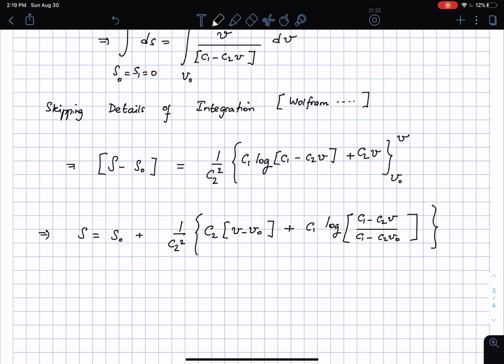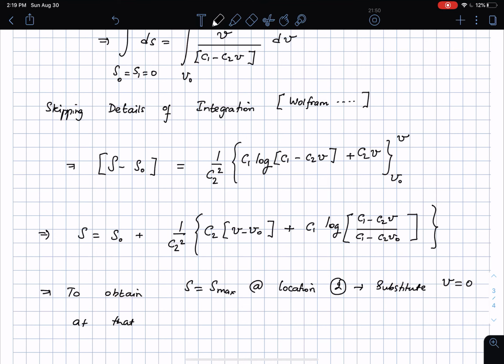And of course if I want to find the position at the location where the velocity is 0, to obtain s equal to s max at location 2, all you do is substitute v equal to 0 at that location.